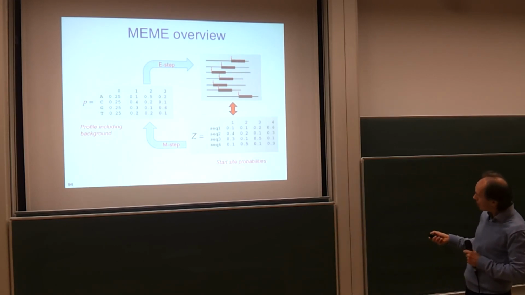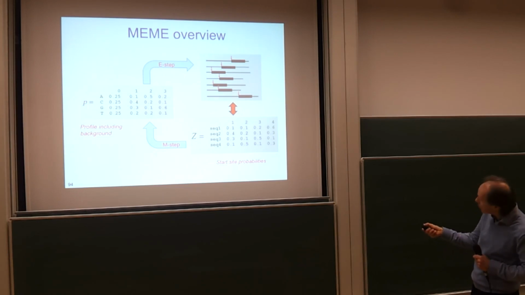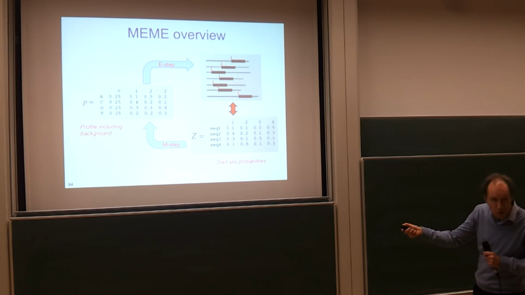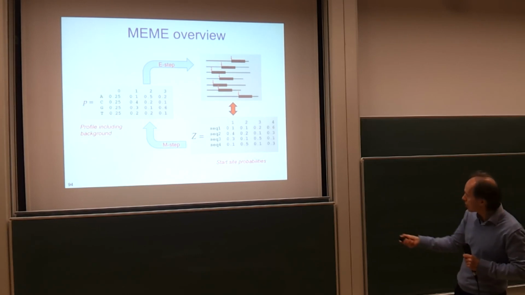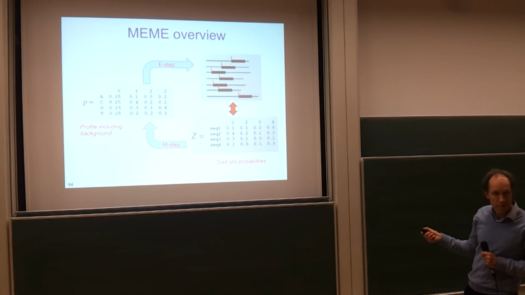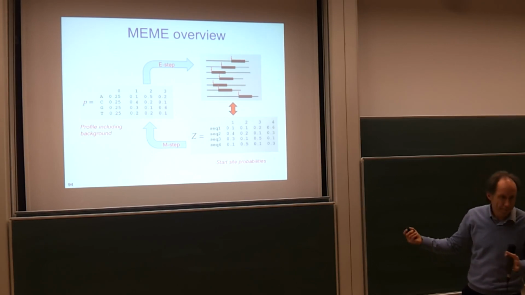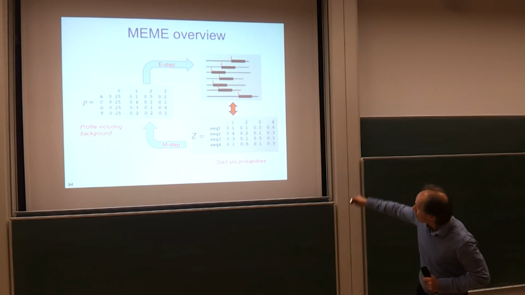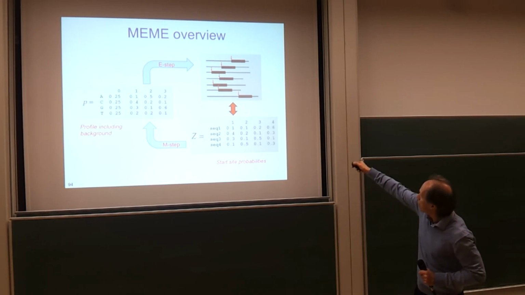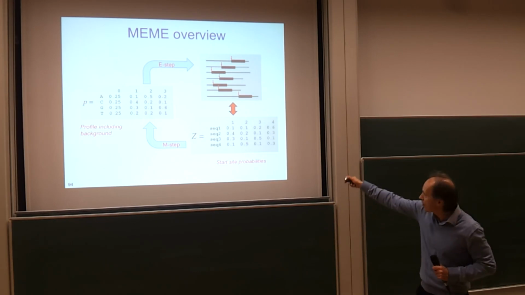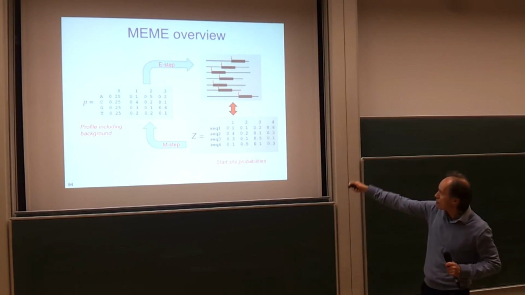All that is used by this Z matrix that indicates the probabilities for the profile, the motif if you like, to start at the positions. So this one is a really good one. Normally you would say, okay, that's my arrow here, that's the position, but it also uses these probabilities. So basically, expectation, from this you get that, and vice versa. It's the same thing, this corresponds.